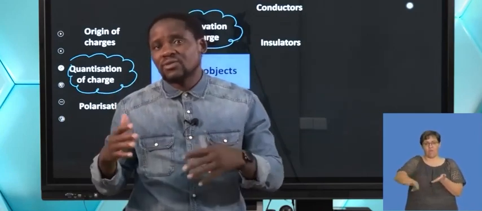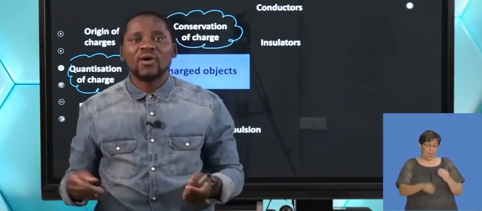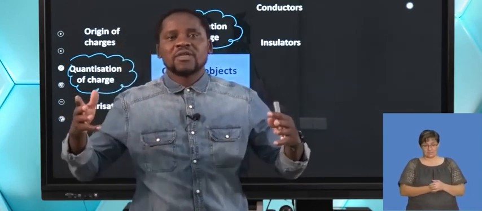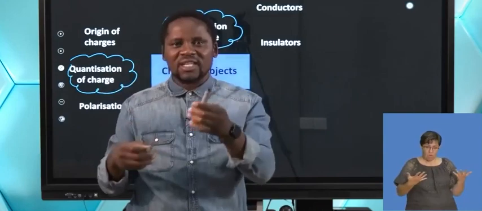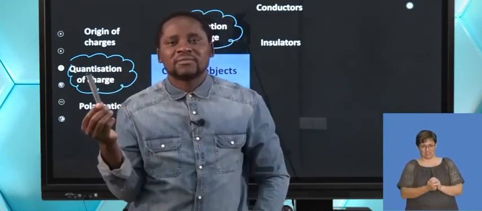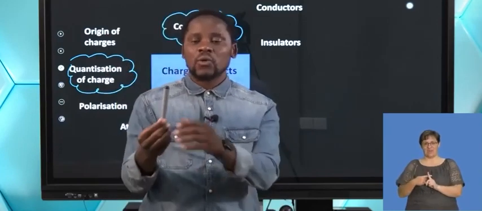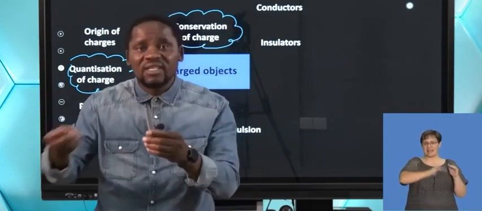So the magnitude of the charge entirely depends on the number of electrons that were removed from or added to that material. The greater the number of electrons removed from a material, the more positive it becomes, so it has a greater positive charge than a material with comparatively fewer electrons removed.